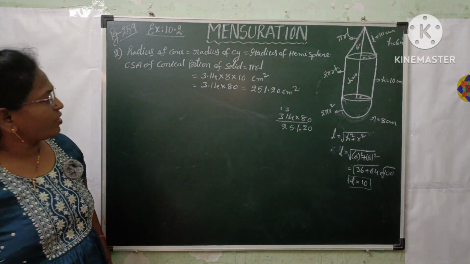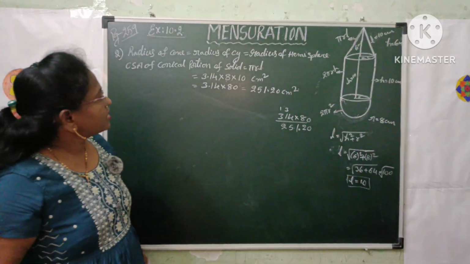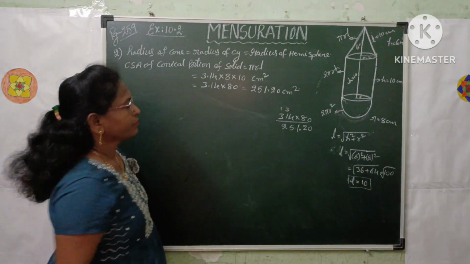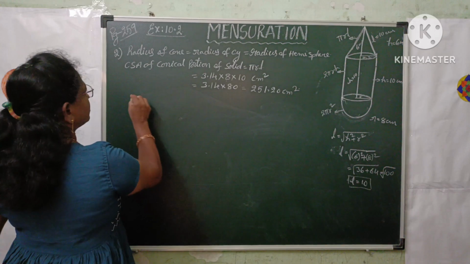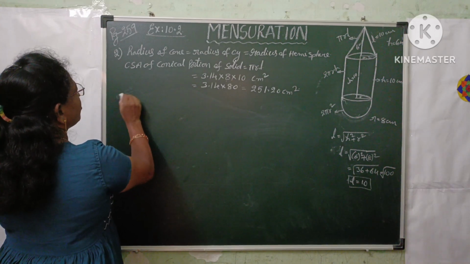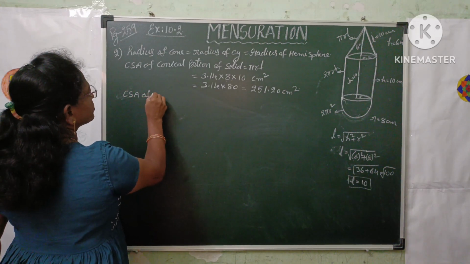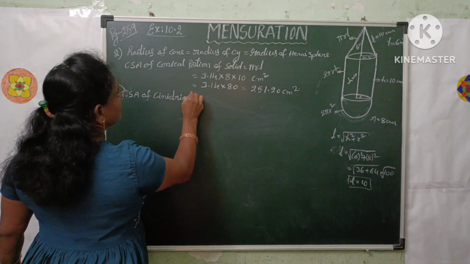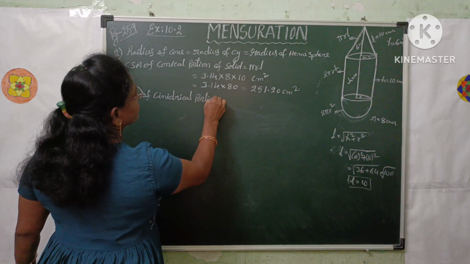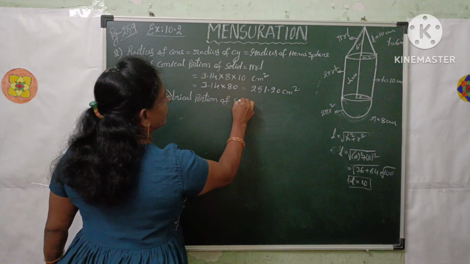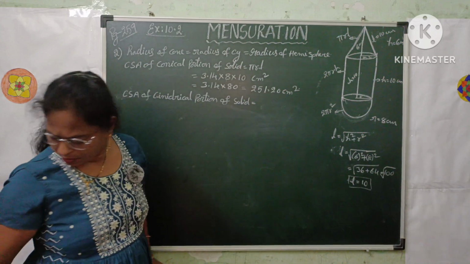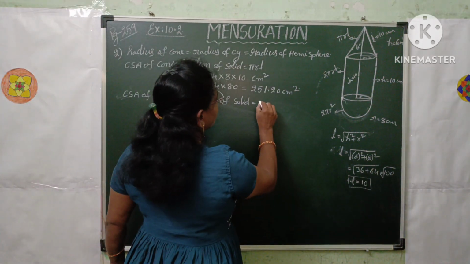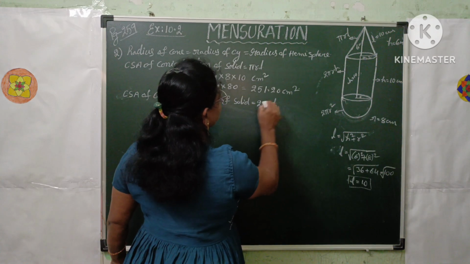Okay, what is that? 251. Next we have to find the cylinder. Then CSA of the cylindrical portion of a solid equal to, what is the formula? 2 pi rh.